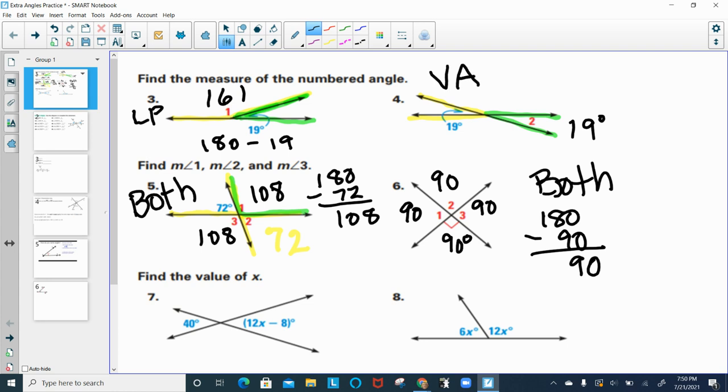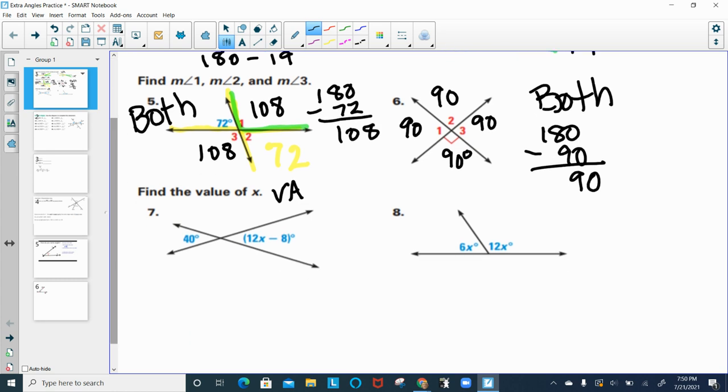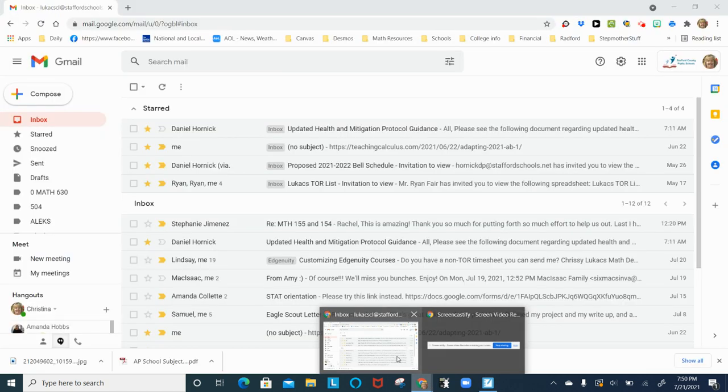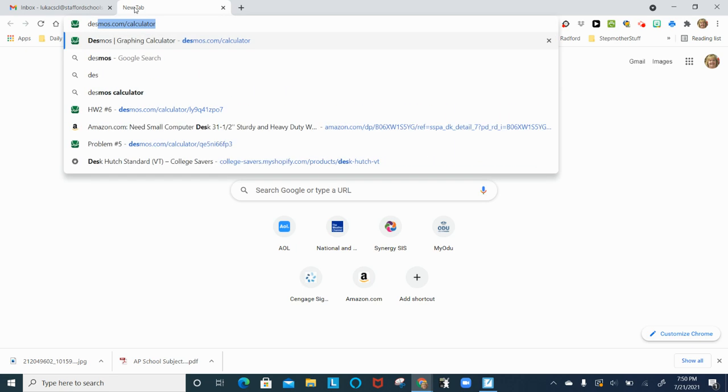I'm going to write vertical angles. And we know vertical angles are congruent or the same. So we can take 40 and set it equal to 12x minus 8. And if you don't want to solve that, I'm just going to grab a Desmos calculator real quick.